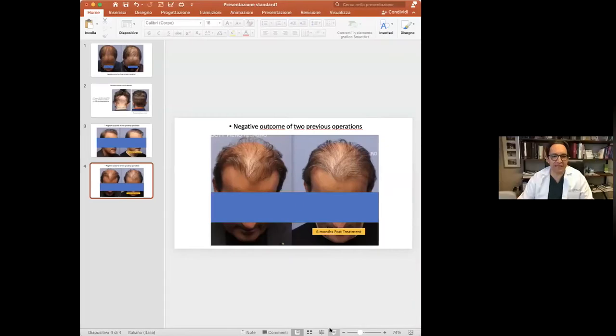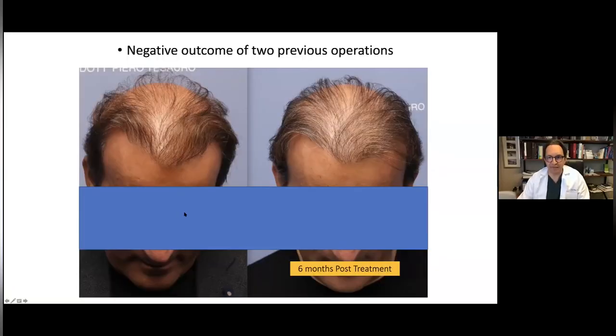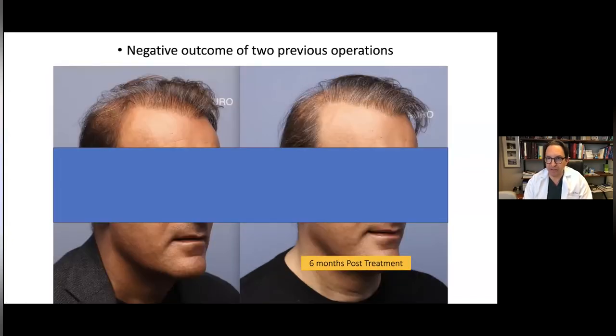My idea is that I have this kind of patient that has a negative outcome after 2 operations, and I did a treatment with the stromal vascular factor, and just with this treatment, I reverted the miniaturization of the previously implanted follicles. This is a view from the side where you can see that normally you have more hair mass on the head of the patient.